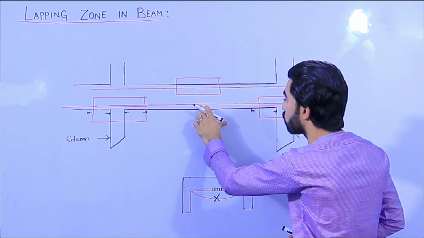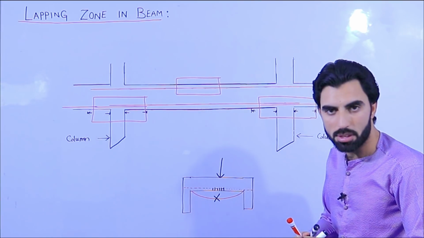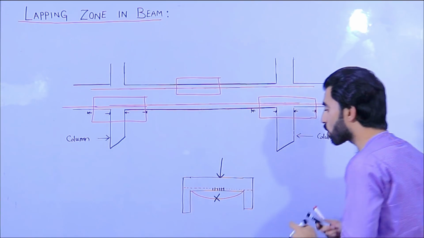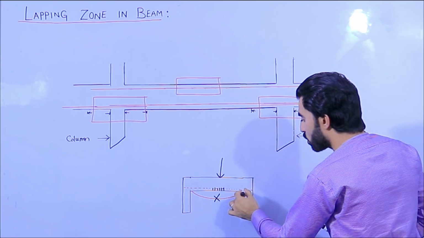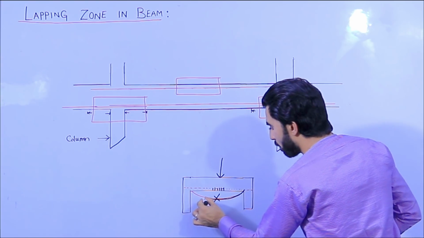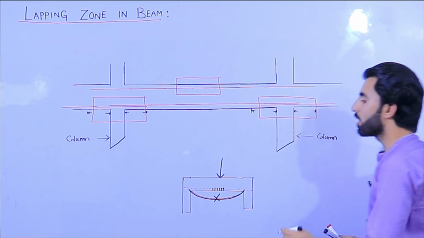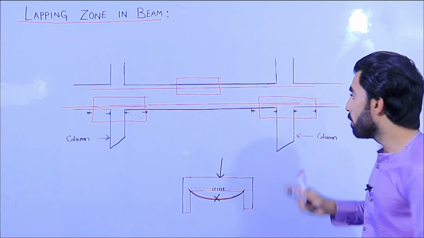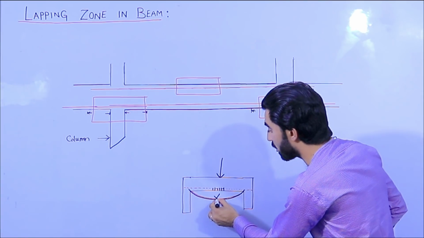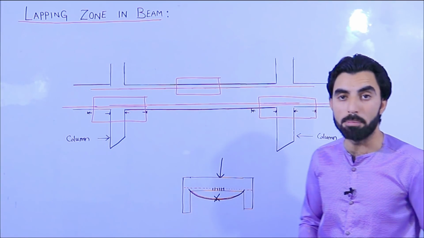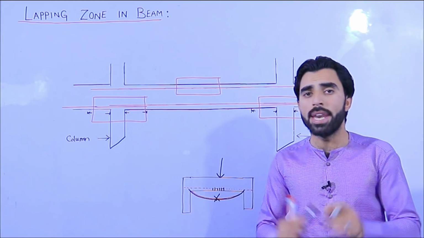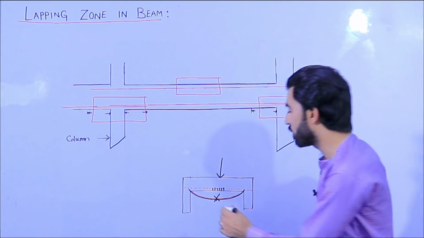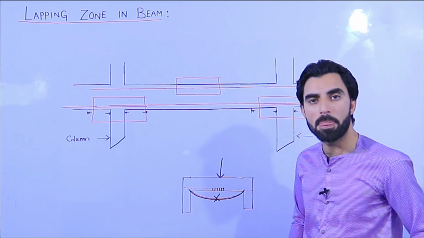This is not the place to use lapping length. So when the load comes, the steel shape becomes like this. Here at the midpoint we have maximum bending moment. So never provide lapping length at the mid of a beam.